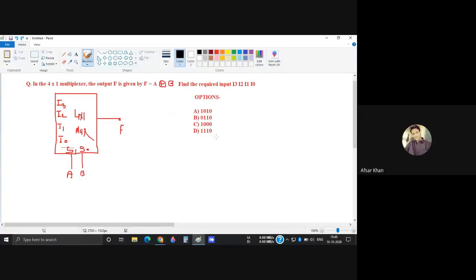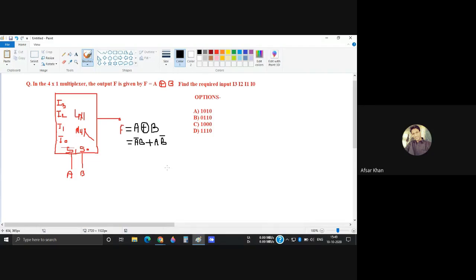Okay, see, very simple. We have given F is A XOR B. What is A XOR B? We can write the expanded form: A bar B plus AB bar.